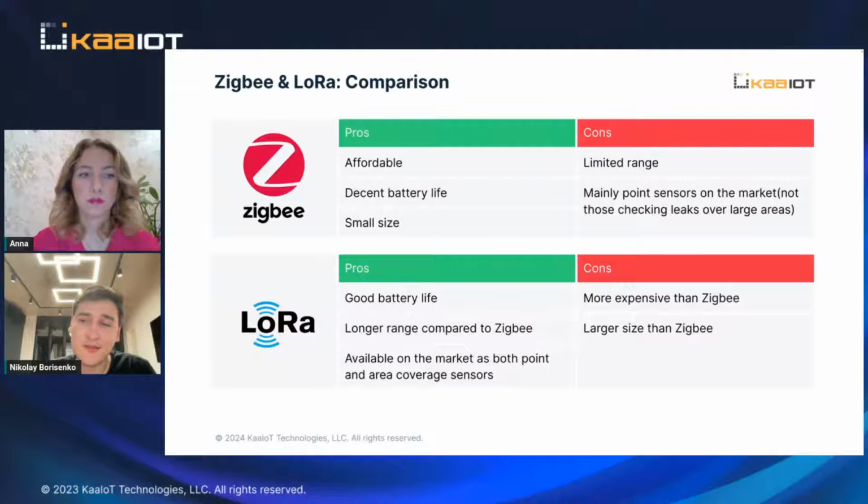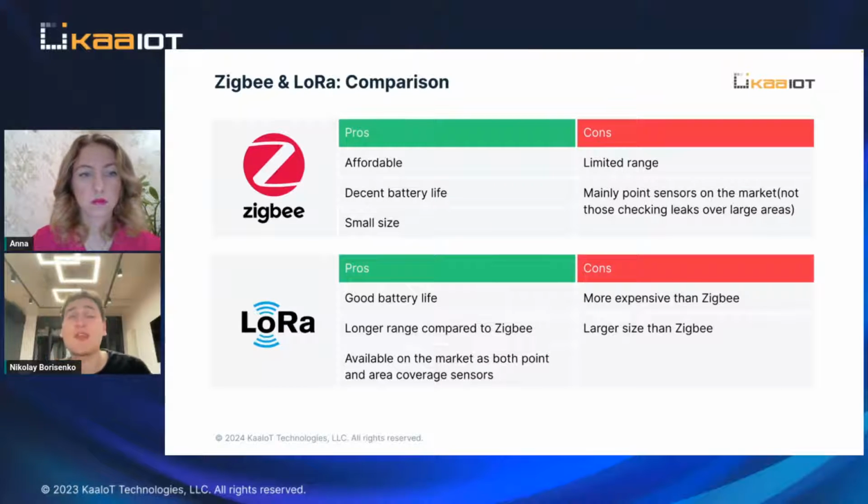For example, Zigbee gateways are very cheap, sensors very cheap, but in huge apartments, you will need to install too many of them, and it won't be such a cheap solution.